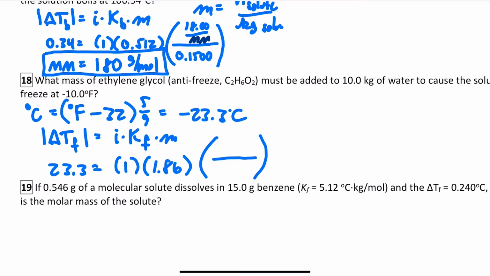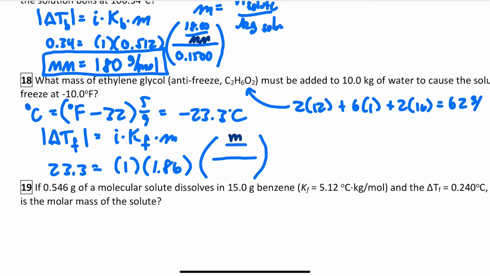This time we don't know the mass of the solute, so that's our little unknown, m, divided by the molar mass of the solute. If we add up 2 times 12 for the carbon plus 6 times 1 for the hydrogens plus 2 times 16 for the oxygens, you get 62 grams per mole.